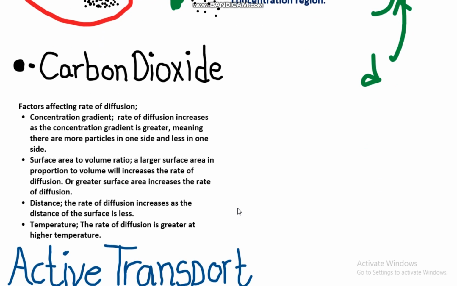Then we will talk about the factors affecting the rate of diffusion. Concentration gradient. The rate of diffusion increases as the concentration gradient is greater, meaning there are more particles on one side and fewer on the other side.